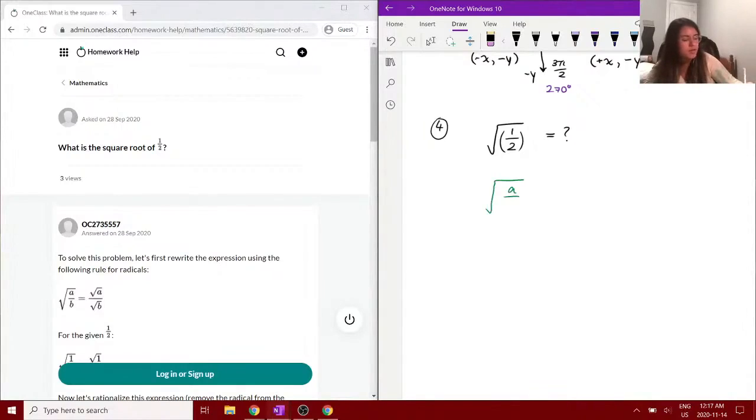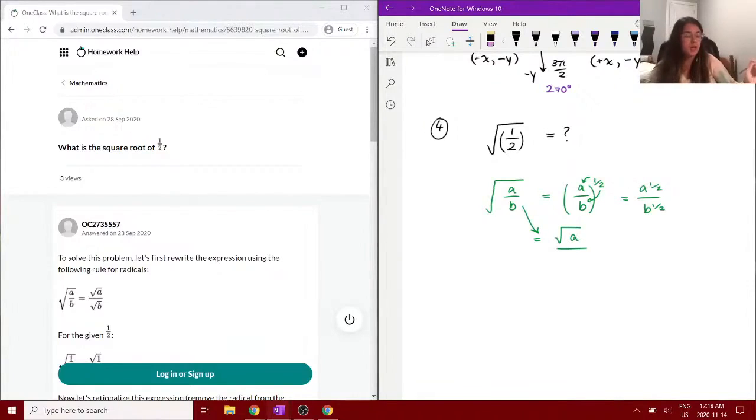If we have a fraction of a over b with a square root, you can imagine it as an exponent, if that's easier to think of, because then you can distribute the exponent to each term within the bracket, so that it's a to 1/2 over b to 1/2. Or you can also think of it as going straight from this step to this step.